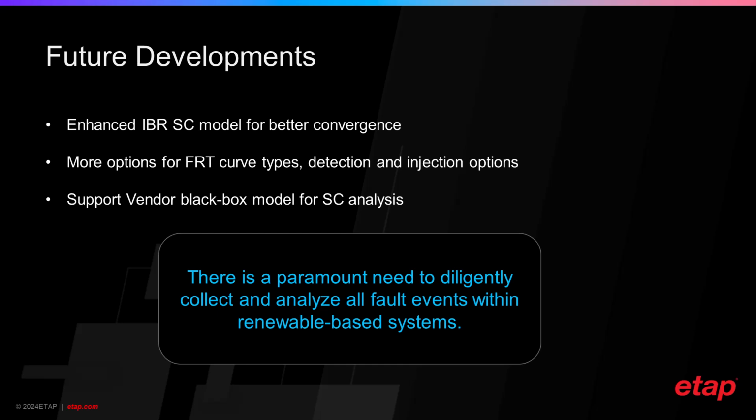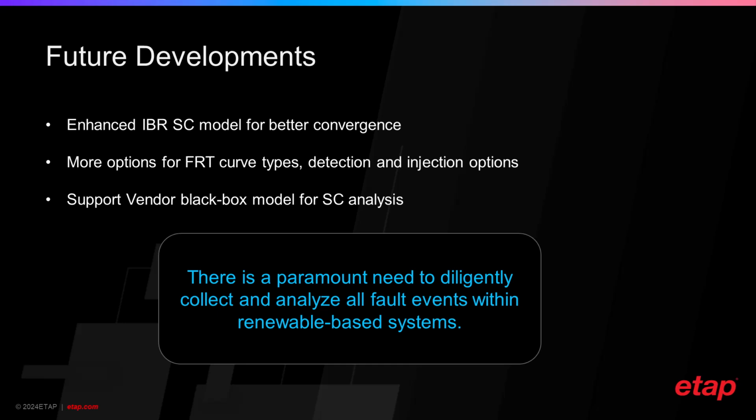Still, there are going to be some settings, but at least it's going to be really easy: if you know the settings of the IBR that you're going to put into the field, and you have the black box model from the vendor, then you can put it in ETAP and run your study. So stay tuned, in future we're also going to support a black box model for short circuit analysis.